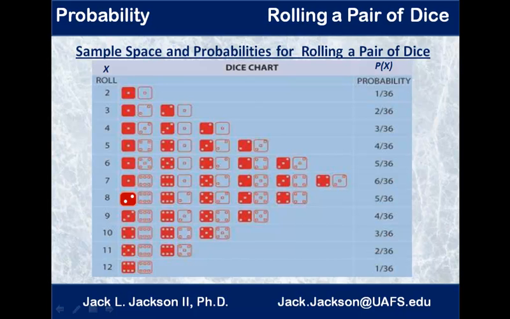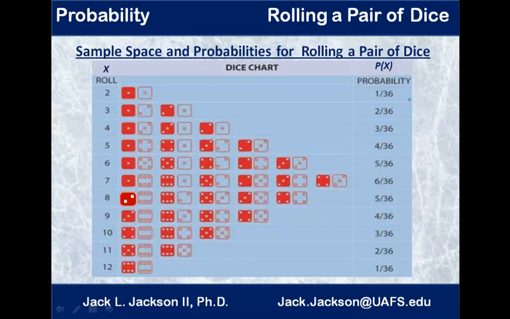Out of the 36, we have 1, 2, 3, 4, 5, 6, and back down to 5, 4, 3, 2, 1. And so the probabilities are 1 over 36, 2 over 36, 3 over 36, 4 over 36, 5 over 36, and so forth. So in particular, the probability of 5 would be 4 over 36, which reduces to 1/9.